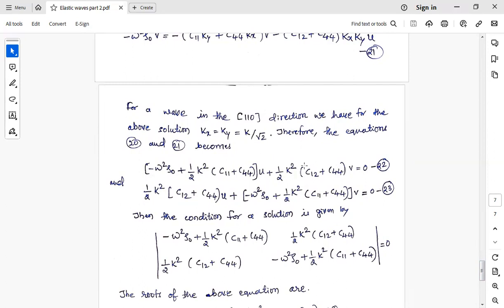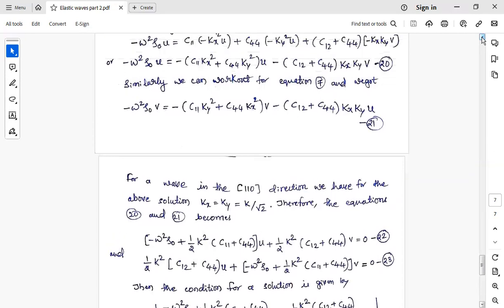And here also, kx into ky into v is there. So here also you substitute this condition, and it becomes again k square by 2.